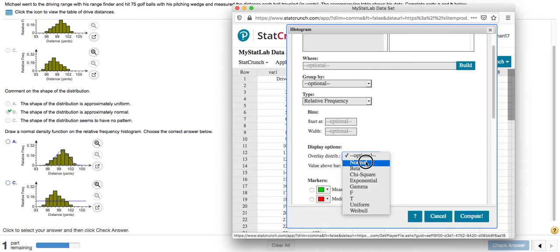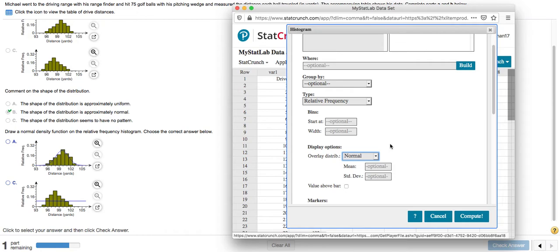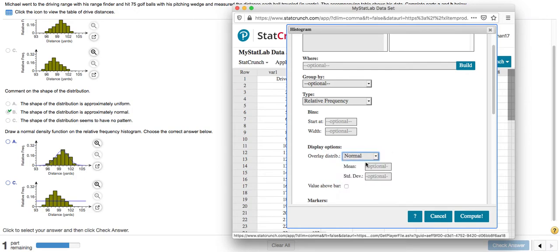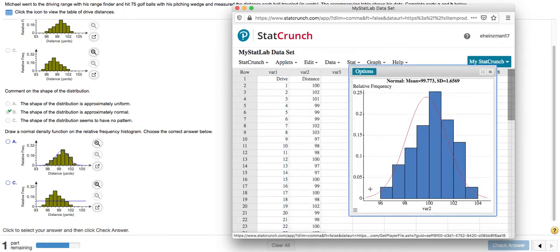You can choose to put a normal distribution over your data that closely matches the data set. It's a way to visually see if you think your data is normal or not. So all I did was switch it from optional to normal. If you click compute, it puts a bell-shaped curve over the data.